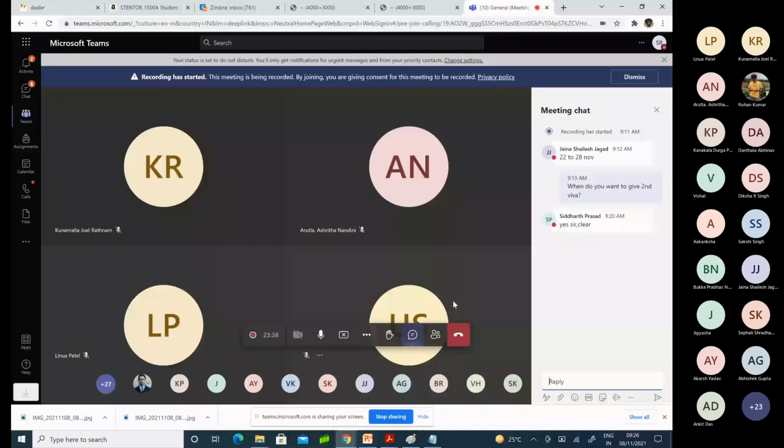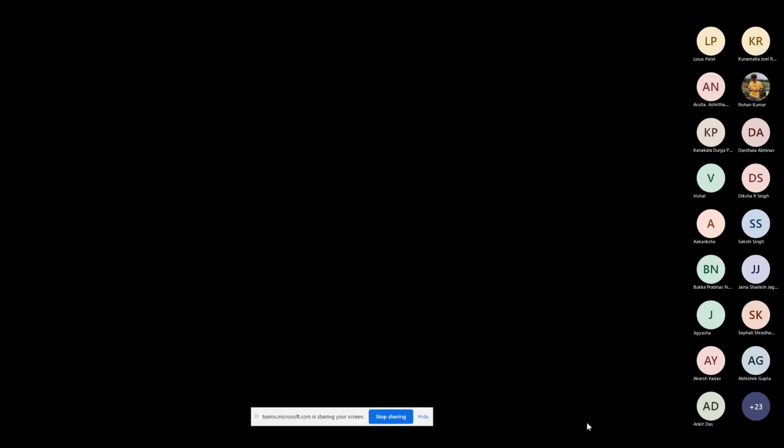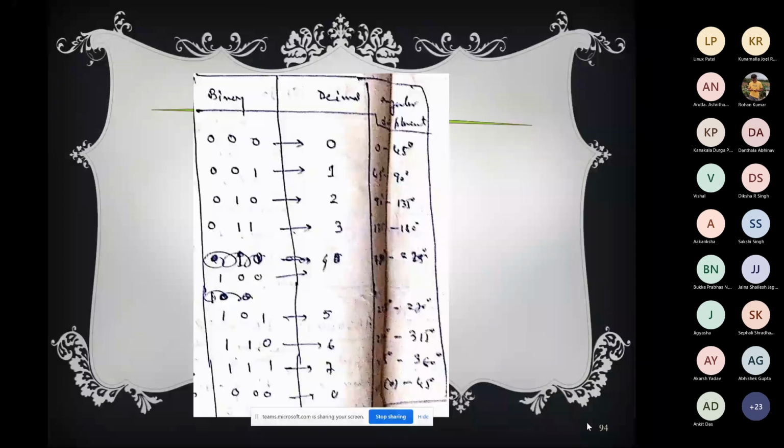Okay. Now you see, as the output, what are you getting? You are getting a binary number, which consists of 0 and 1. Basically it is a voltage, like 5 volt or 0 volt, and that can be converted into logic. In the 3 bit case, if I say 0 0 0, we are getting decimal 0 and the angle is 0 to 45 degrees.